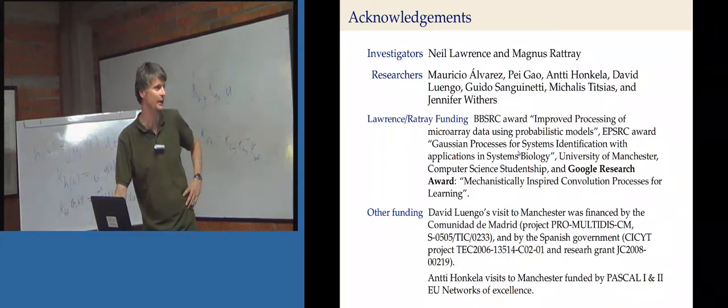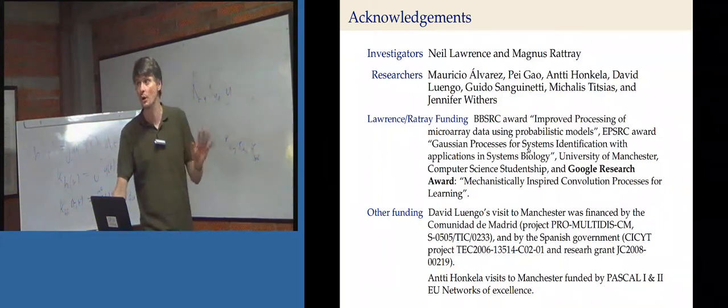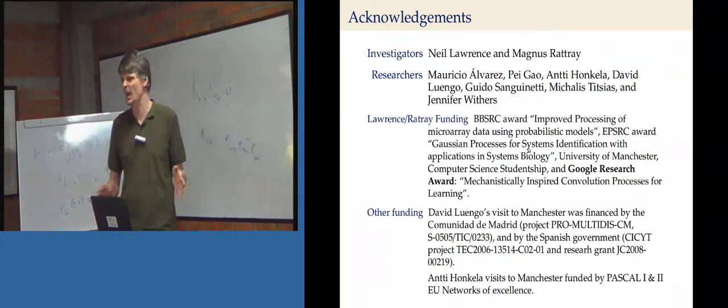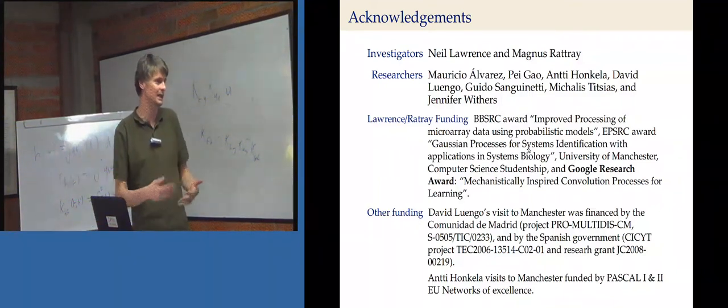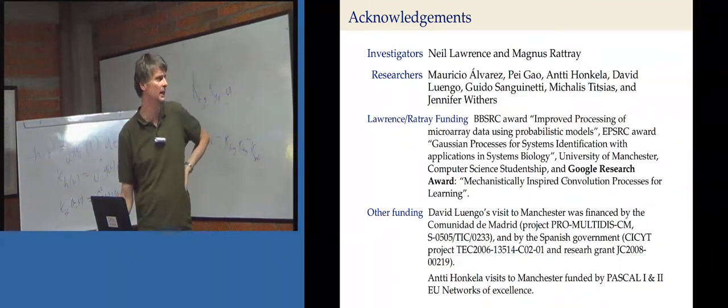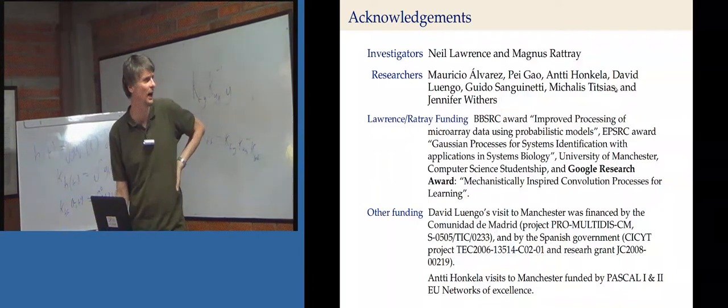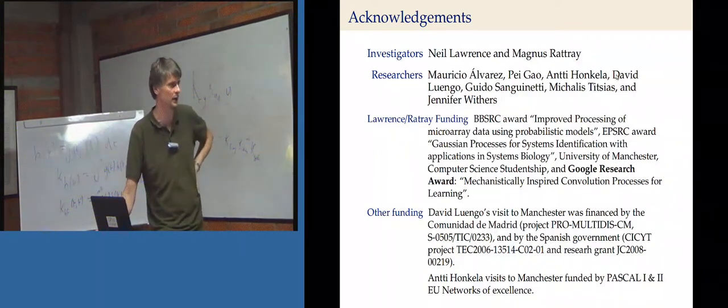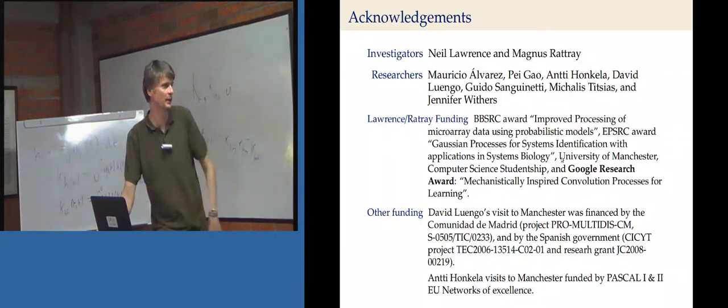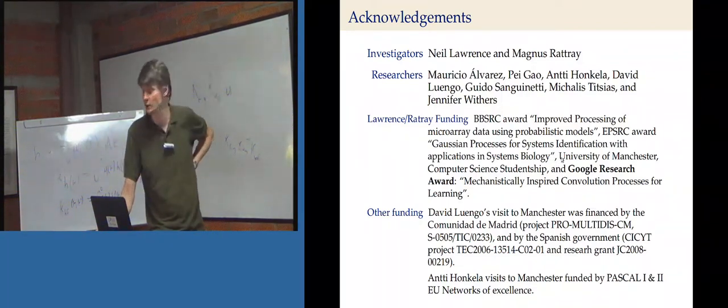Michalis Tsitsias was on this grant, and he actually did work with non-linear latent force models, which I haven't shown you today, where you move away from these linear differential equations. David Luengo visited us and worked with Maurizio on the second order latent force model. And Maurizio was funded by a University of Manchester Computer Science Studentship and an Overseas Research Award.